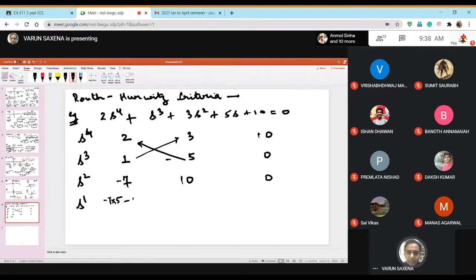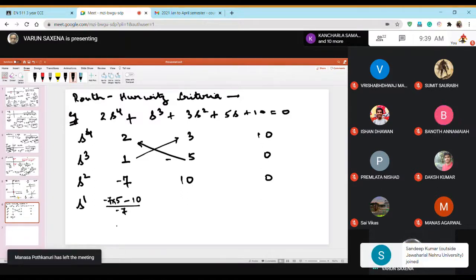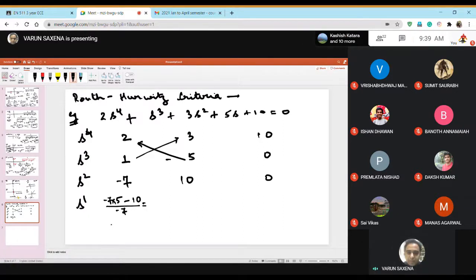So this is 10 divided by minus 7. So this value comes out to be 45 by 7. 45 by 7, how much is that?